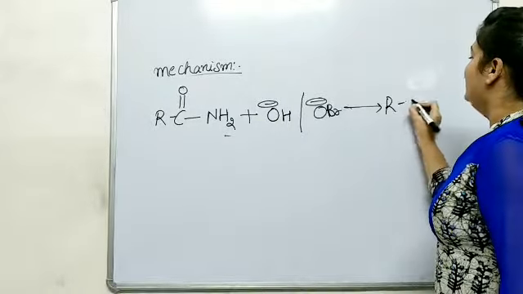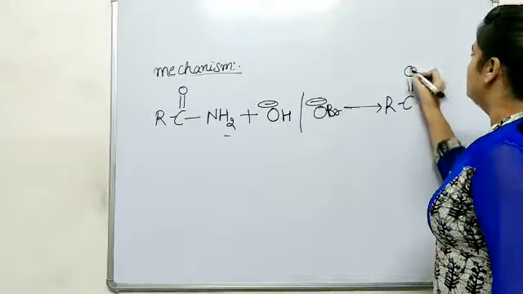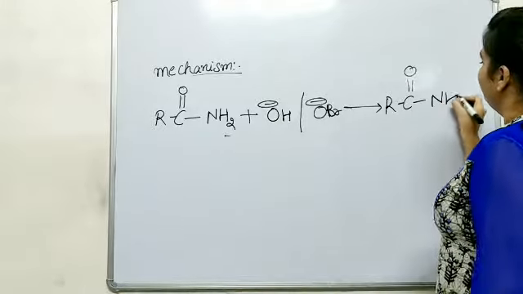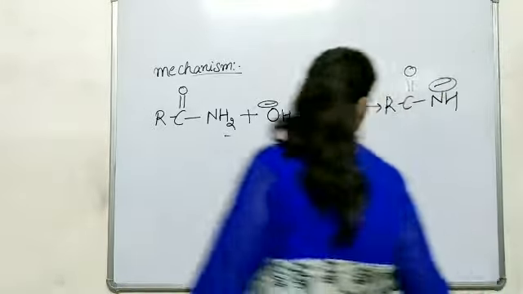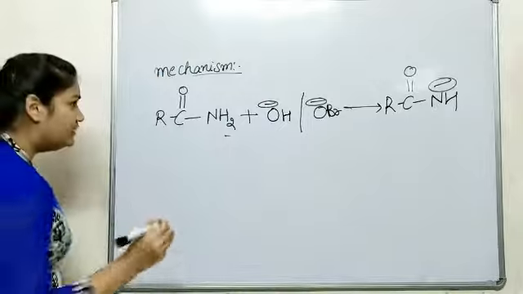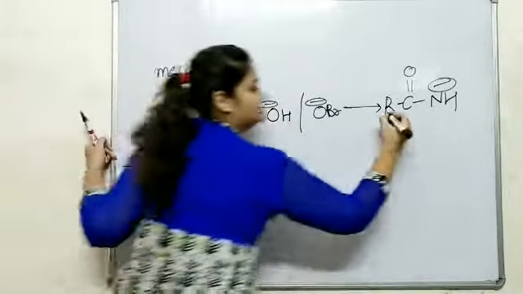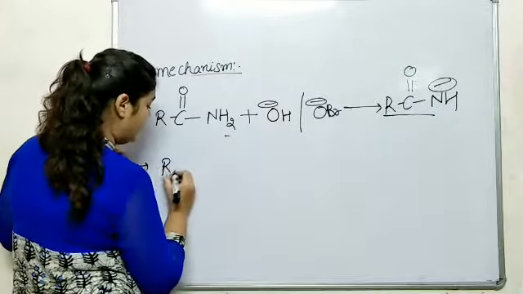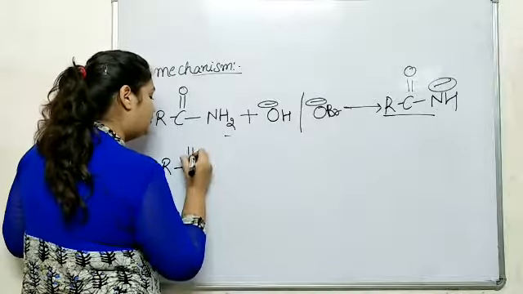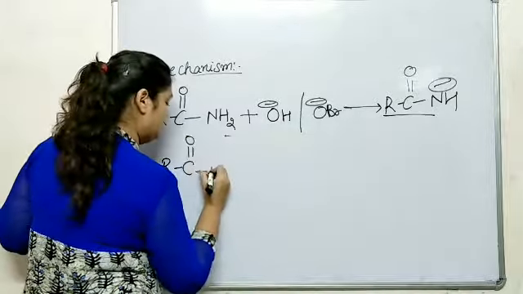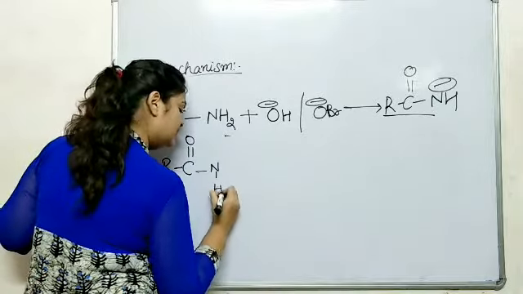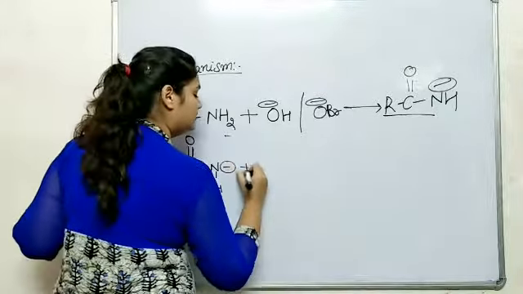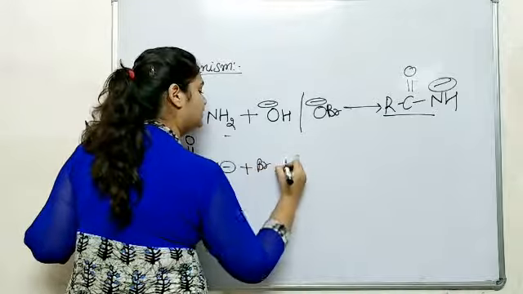We have RC double bond O and NH negative, and in the reaction mixture we also have bromine. So when this gets reacted with the bromine, what will happen? RC double bond O and NH negative charge plus Br2.